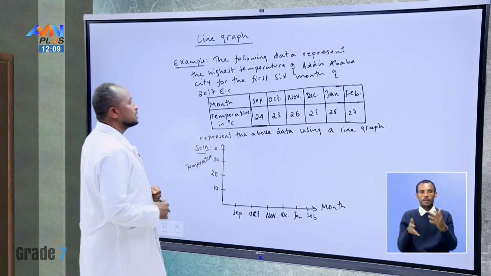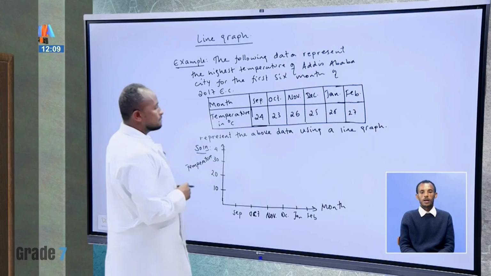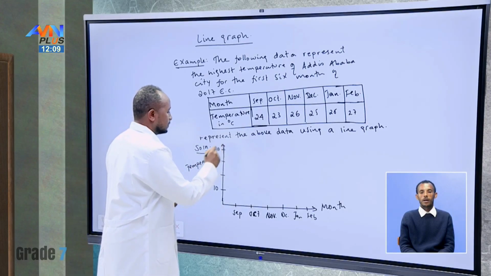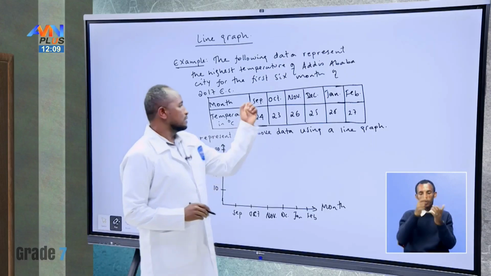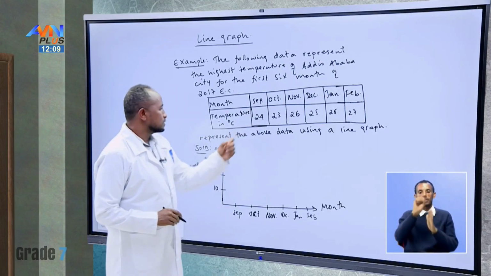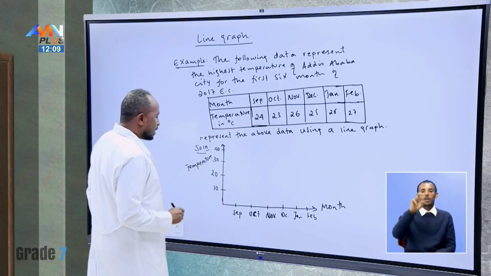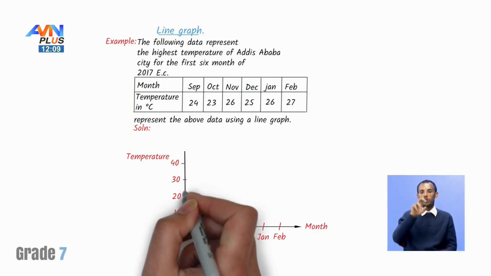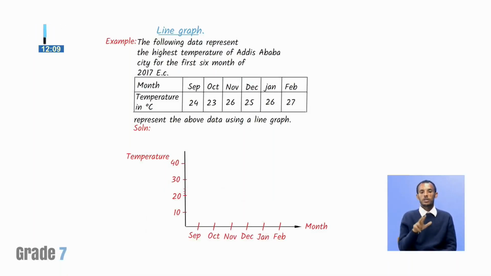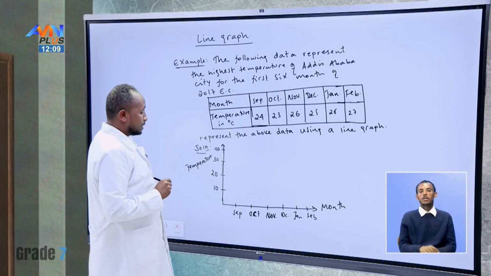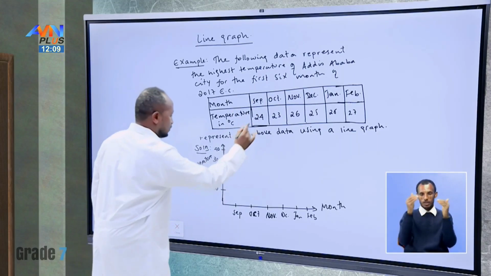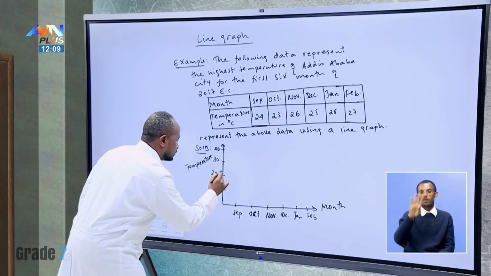So here, the temperature of September is 24. I simply scale 21, 22, 23, 24, 25, and so on. So using this scale, I can put the temperature. The temperature in September is 24: 1, 2, 3, 4.